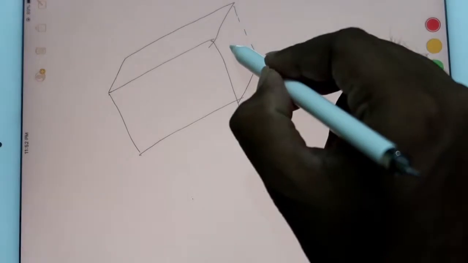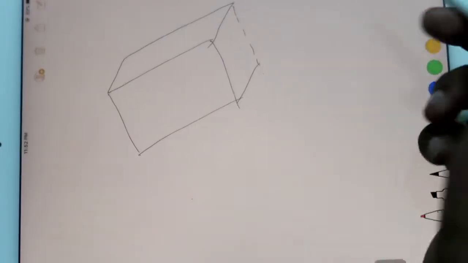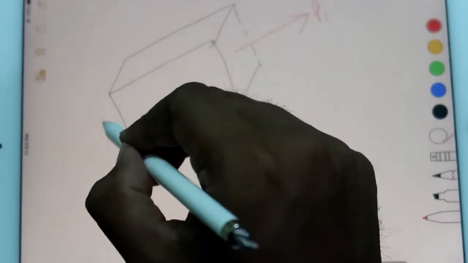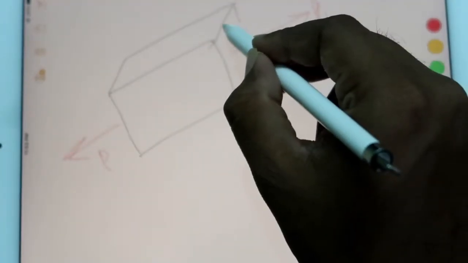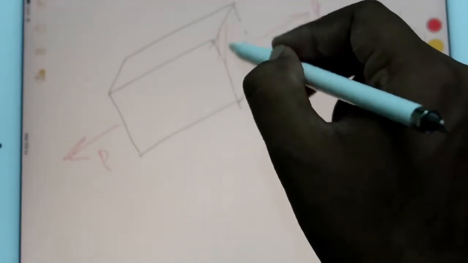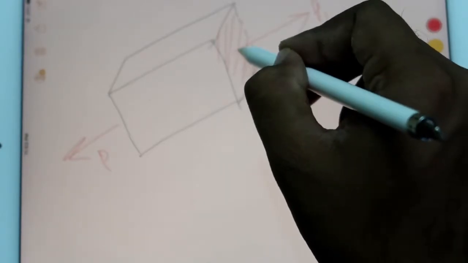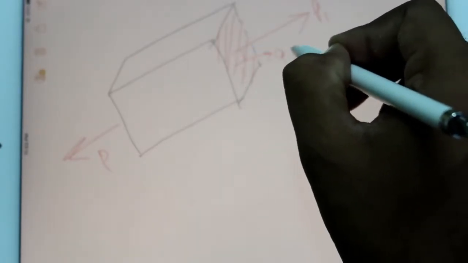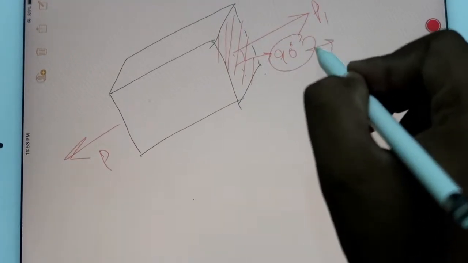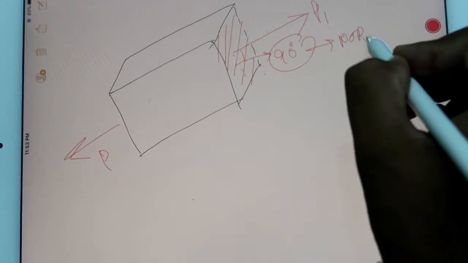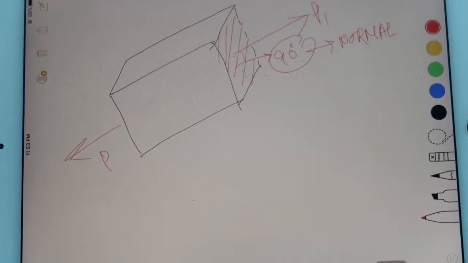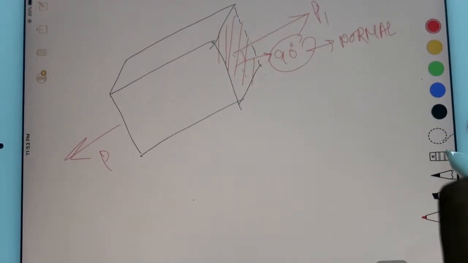For a normal force or normal stress, if force is acting on this side and this side, the angle between this force and this cross section area is 90 degrees. That is the main significance of the word normal.